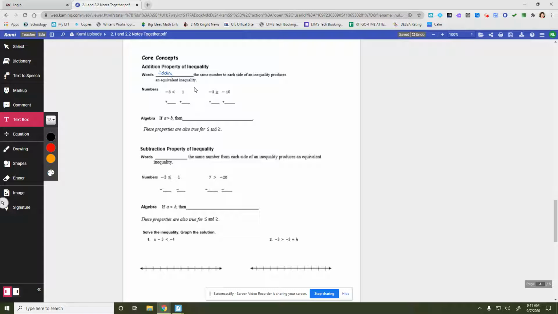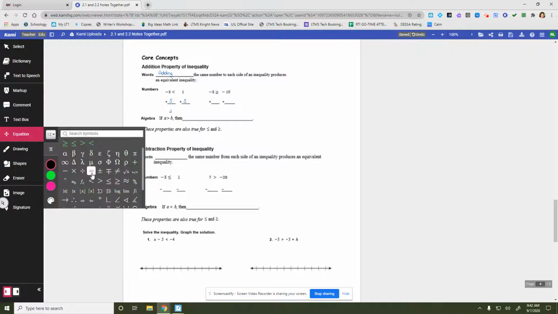So let's say that I started off with -3 is less than 1, which we know is a true statement. If we decide, for example, to add a 5 here, as long as we add the 5 on the other side as well, our results are still going to be equivalent, or it's going to still be a true statement. So I would get 2 is less than, and then on the other side, I would have a 6.